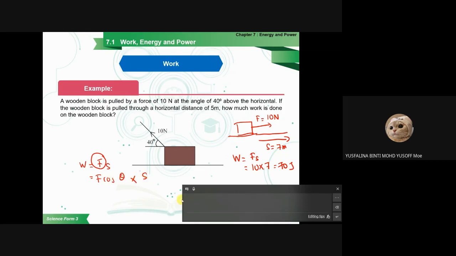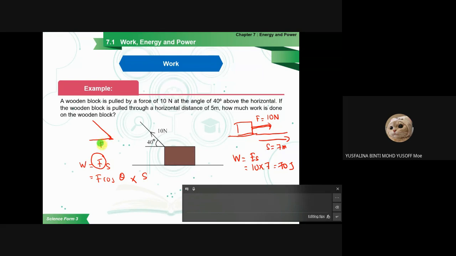I'm not sure whether you already learned about trigonometry, the one with cosine and tangent. How do I get cos? Because if you want to use F here, the F must be in a straight line. It cannot be like this. So you have to find the force in the straight line here.